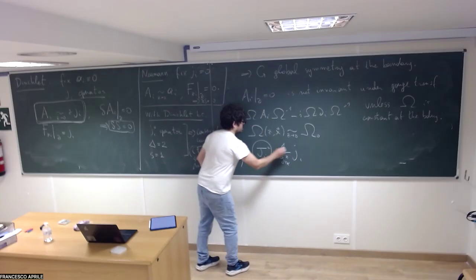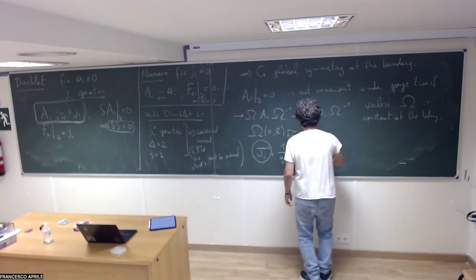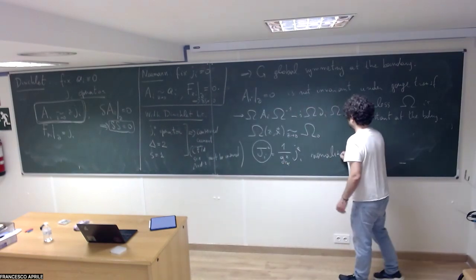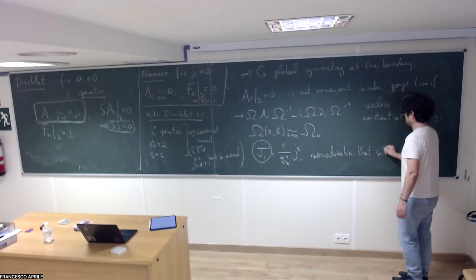So you need to put this weird factor of 1 over g squared. If you put this factor of 1 over g squared, this is the normalization that satisfies all the Ward identities.